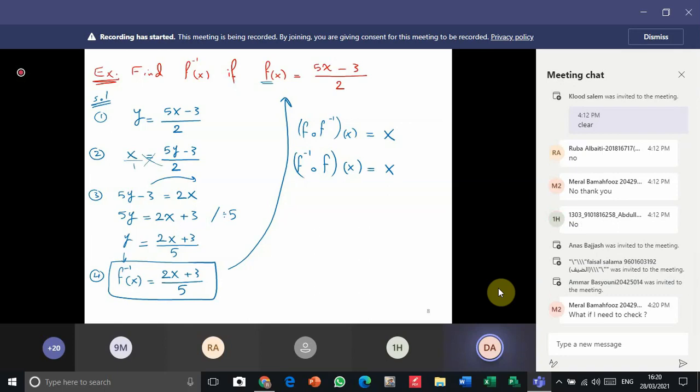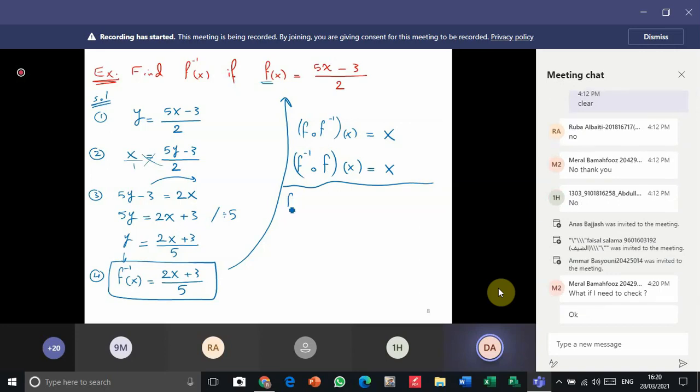Okay, for example, f composite f inverse. Look at this. What's the value of f of x? We need to substitute f inverse. So we have 5 f inverse minus 3 over 2.